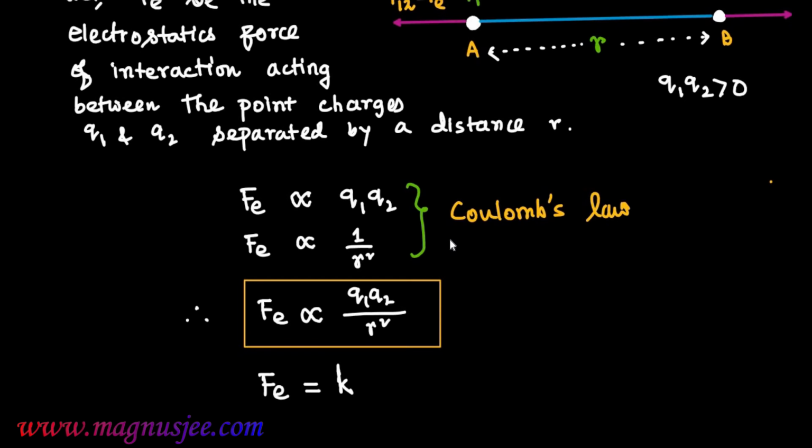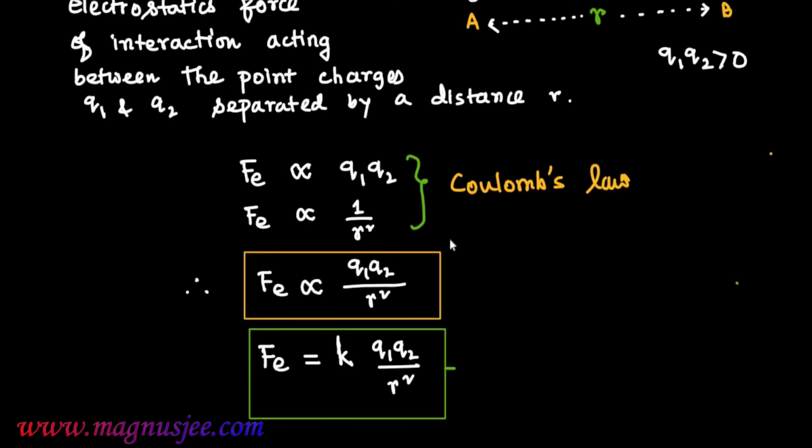Therefore, Fe equals a constant k, Q1 Q2 by R square. Fe equals small k, Q1 Q2 divided by R square.